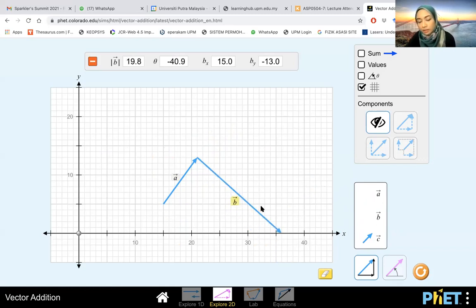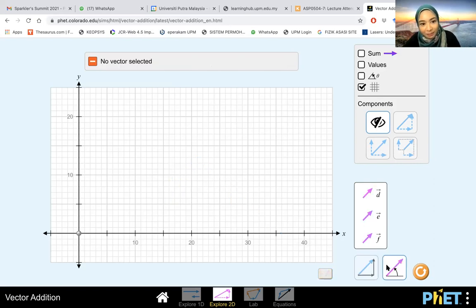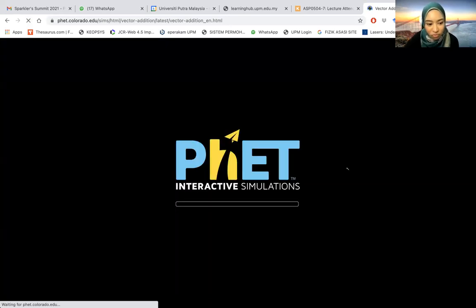Okay, so I have vector A and vector B, and I want to know what is the resultant. Just looking at this, you already know it should go from here to here. We've already learned that much. So I want to find out what is the resultant. What happened? It got reset. Sorry. Let me refresh this. I'm not good at using it yet.